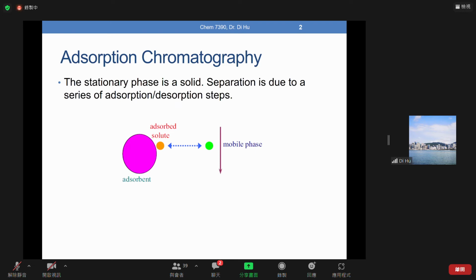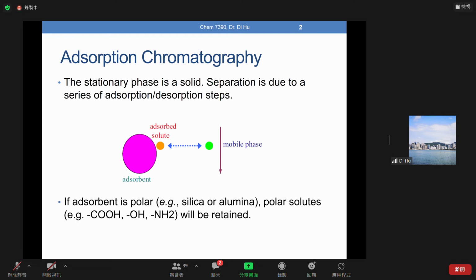For adsorption chromatography, the stationary phase is normally solid, and the separation is due to a series of adsorption and desorption steps. If the adsorbent, meaning the stationary phase, is polar, normally we use silica particles or alumina.